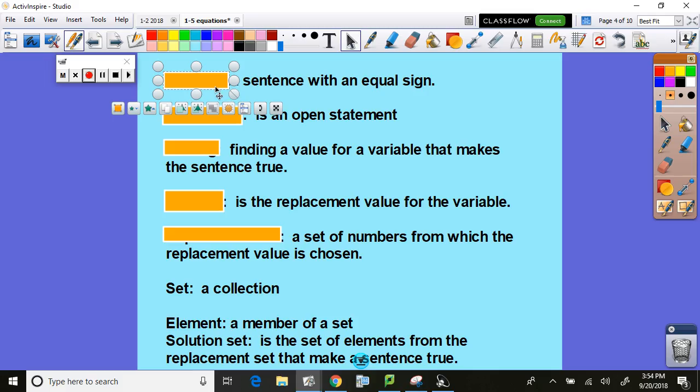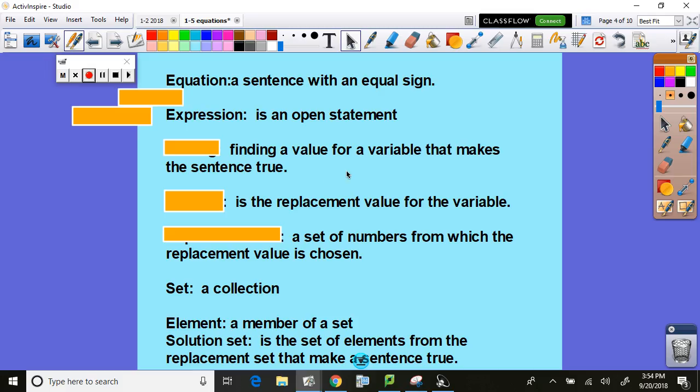Blank is an open statement, so no equal sign, so this is an expression.